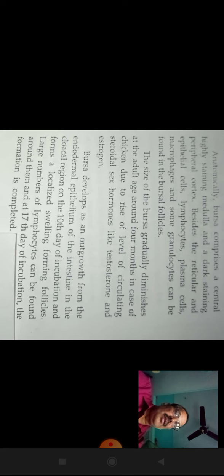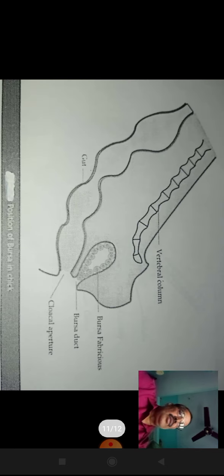Large numbers of lymphocytes can be found around them and at the 17th day of incubation, the formation is completed. So the diagram shows vertebral column, bursa of Fabricius, bursa duct, cloacal aperture and gut.